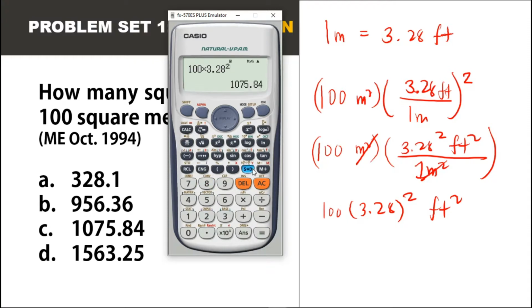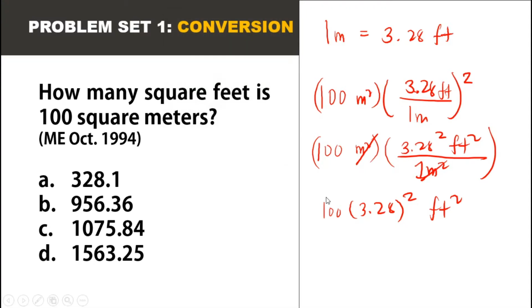So that gives us 1075.84. That is letter C. So we have 100 square meter is equal to 1075.84 square feet.